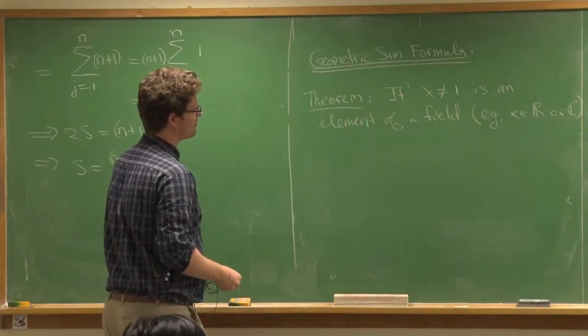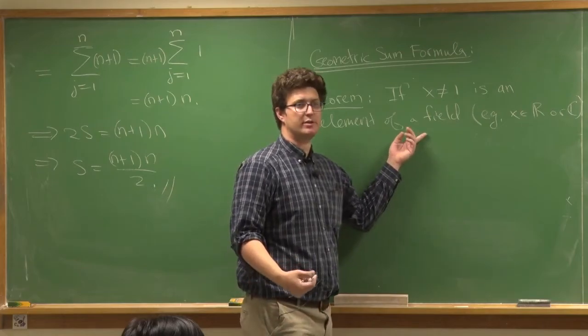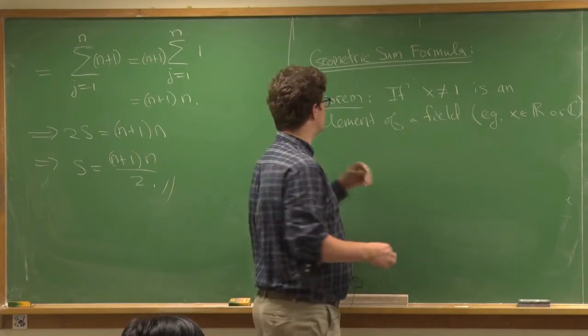So those are examples of a field. A field is just a ring so that there's additional multiplication, and then you have multiplicative inverses, right?